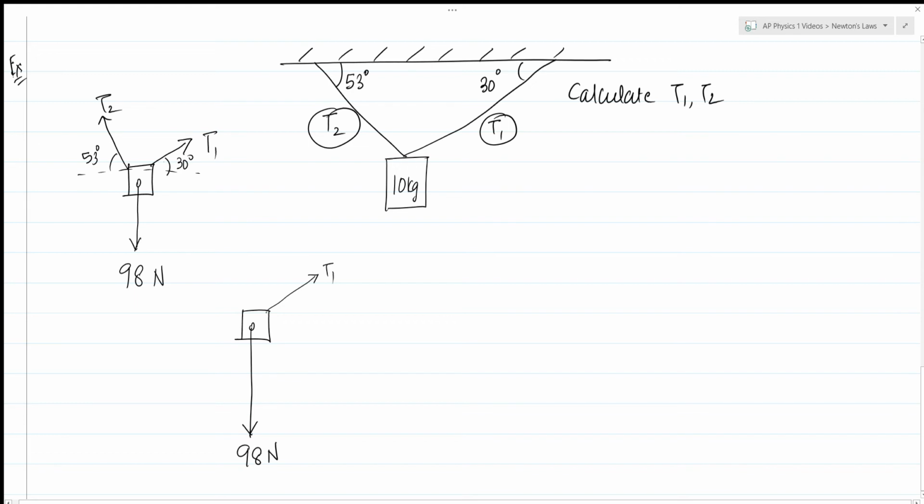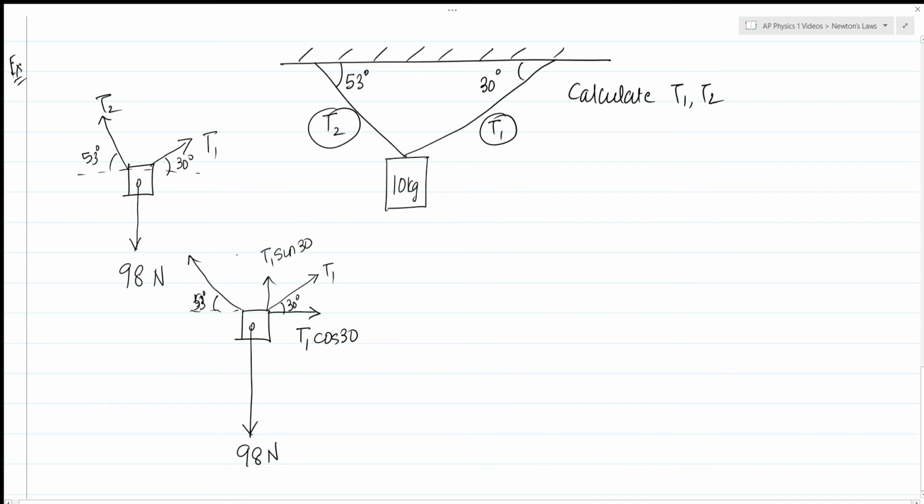So I'm going to find the component of T1 along the horizontal. If this angle is 30 degrees, then that component is going to be T1 cosine 30. Similarly, I can find the component of T1 along the vertical, which would be T1 sine 30. Now we can do the same thing for T2 and draw its components. T2 is once again pointing out here, and it makes an angle of 53 degrees.